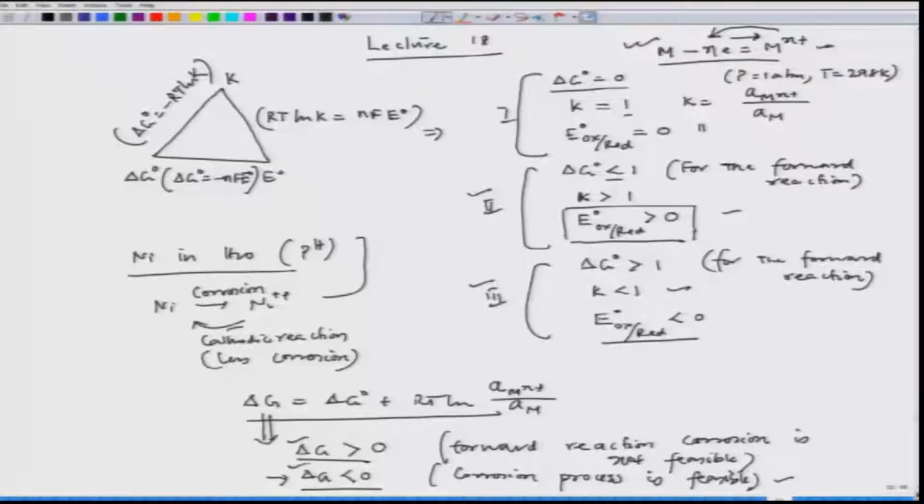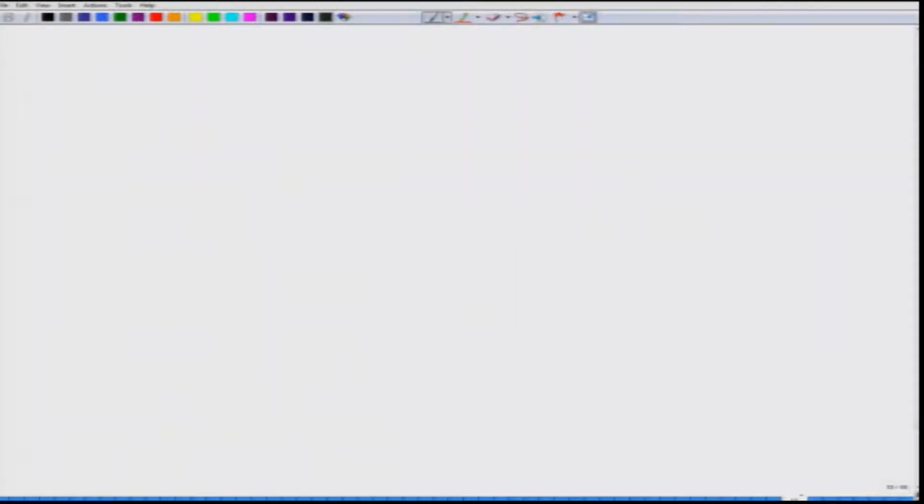And when we talk about corrosion in that solution, that means the corrosion process becomes spontaneous. And when we talk about spontaneity, we have to consider free energy change, and we have to say this condition is met. Now, in order to do that, we will take up a problem.